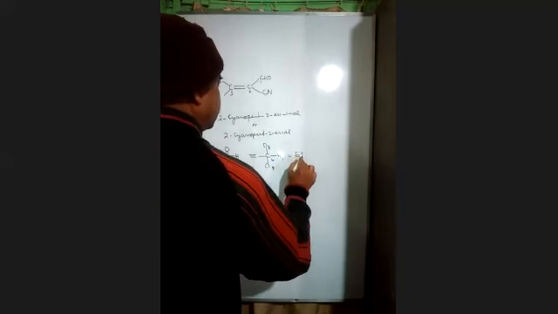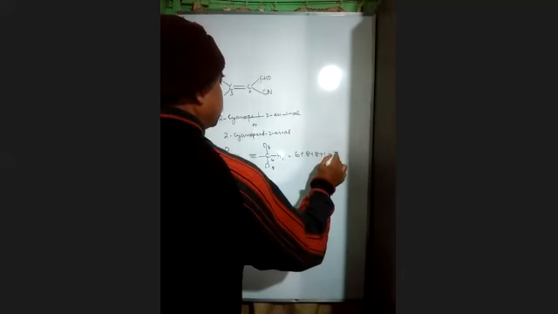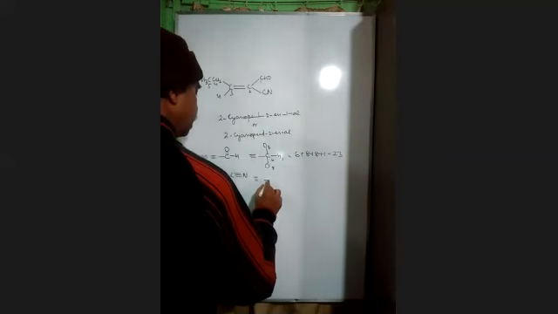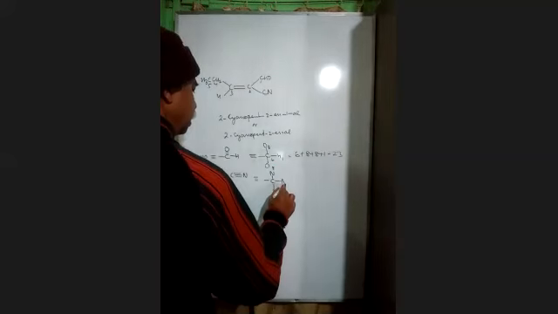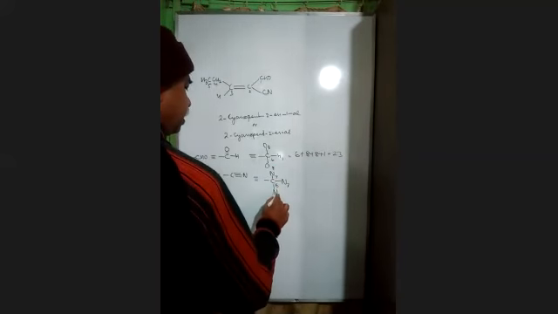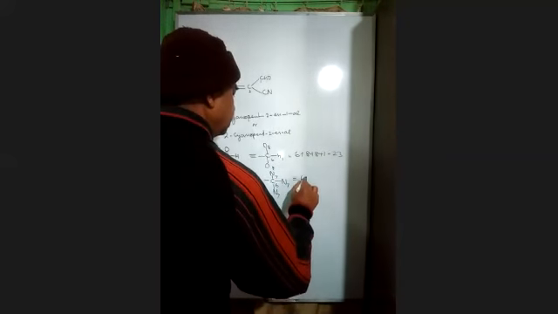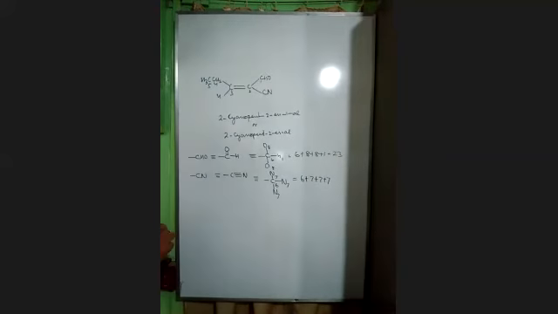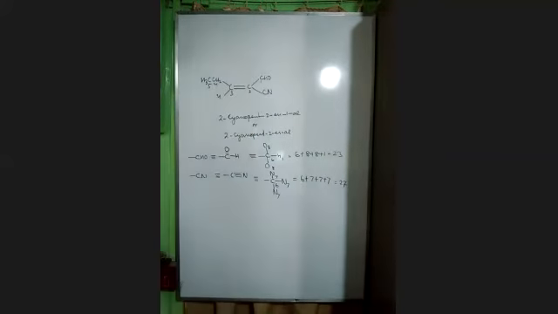So I'll write here 6, 8, 8 plus 1, so it is 20. Now this is equivalent to triple bond, 6, 7, 7, 7. So what will be the sum? 6 plus 7 plus 7 plus 7, 27.